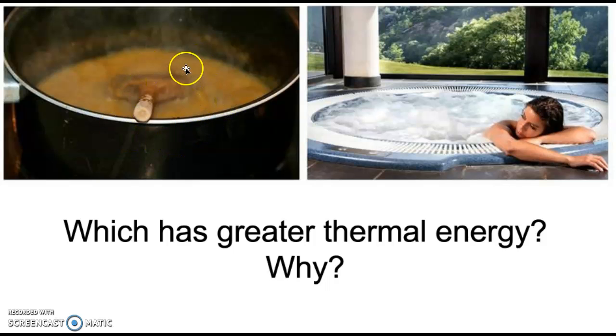The temperature in the soup would be higher than the temperature in the hot tub, but the hot tub has greater thermal energy. So thermal energy is the total amount of energy, or think of it as taking how many molecules are in that system. So we have way more molecules in the hot tub than we do the pot of boiling soup.